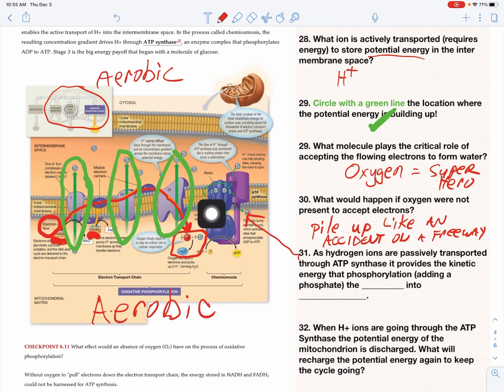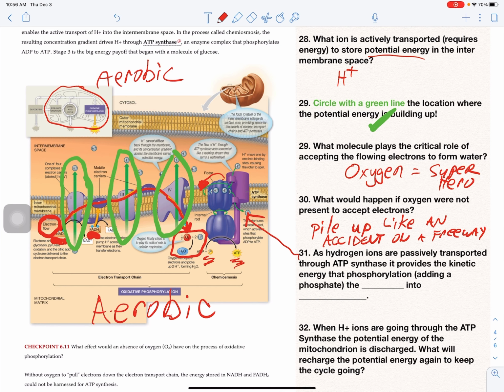You can see that it has an arrow that shows it can spin. When hydrogen flows through here, it's going to spin this molecule, this complex actually, and when it does, it's creating kinetic energy of motion. And when it does, it provides the energy to change ADP right here into ATP.